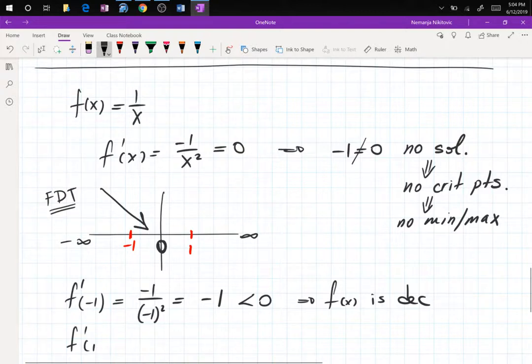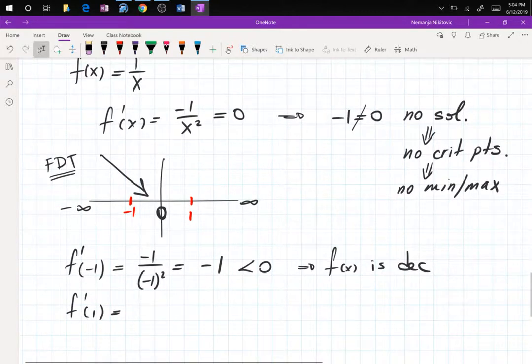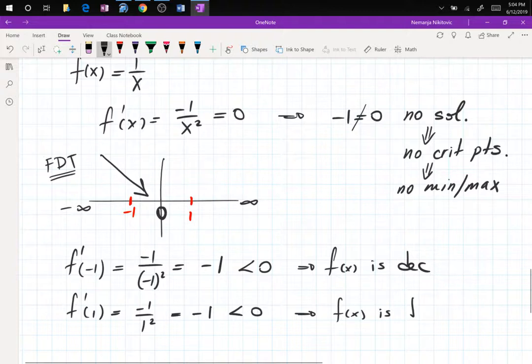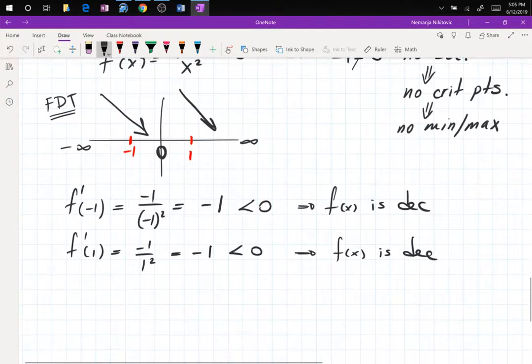Now when you calculate the first derivative at 1, you have negative 1 over 1 squared, which is also negative 1, which is less than 0, and then f of x is also decreasing. So you have another decrease. We have no critical points, therefore no min and max values, and you see that there is a decrease on both partitions for this problem.